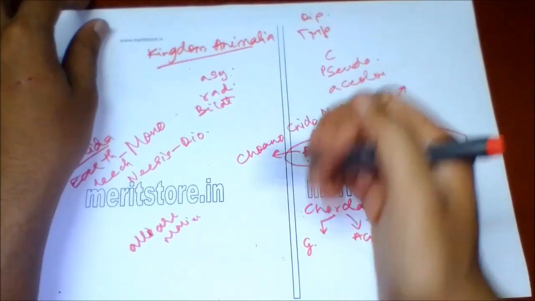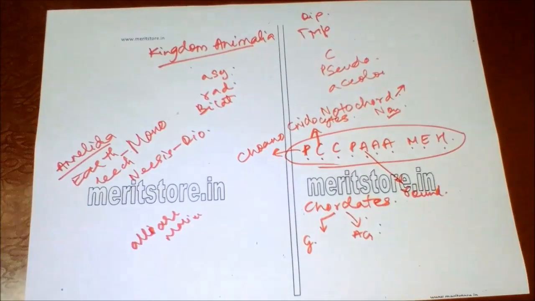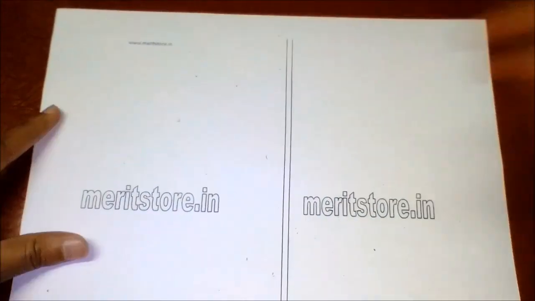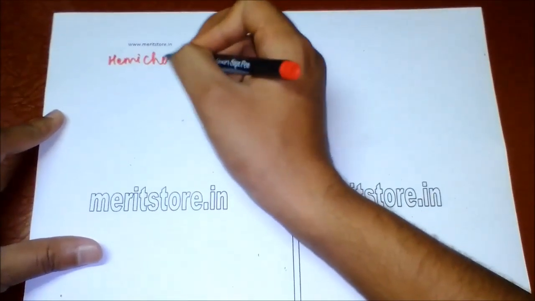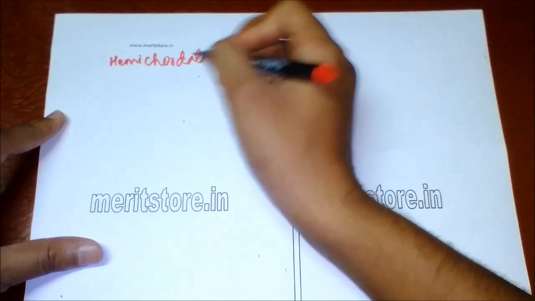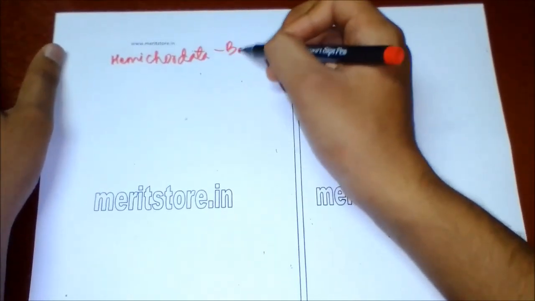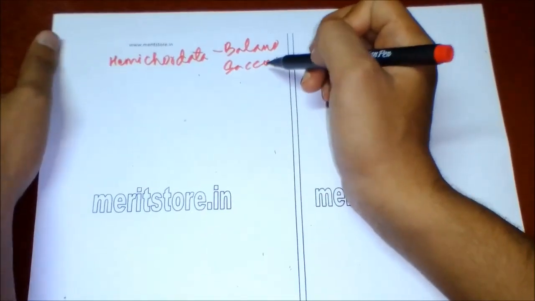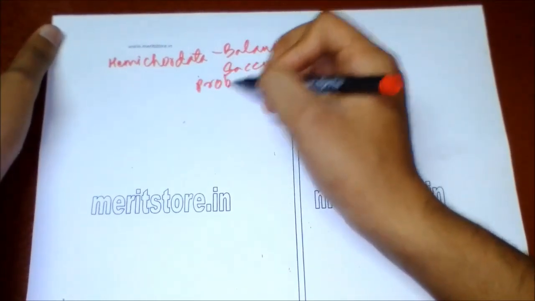The examples are Asterias or starfish, and Echinus, sea urchin. So the next phylum is Hemichordata. The examples of Hemichordata are Balanoglossus or Saccoglossus. They have proboscis, collar and trunk.